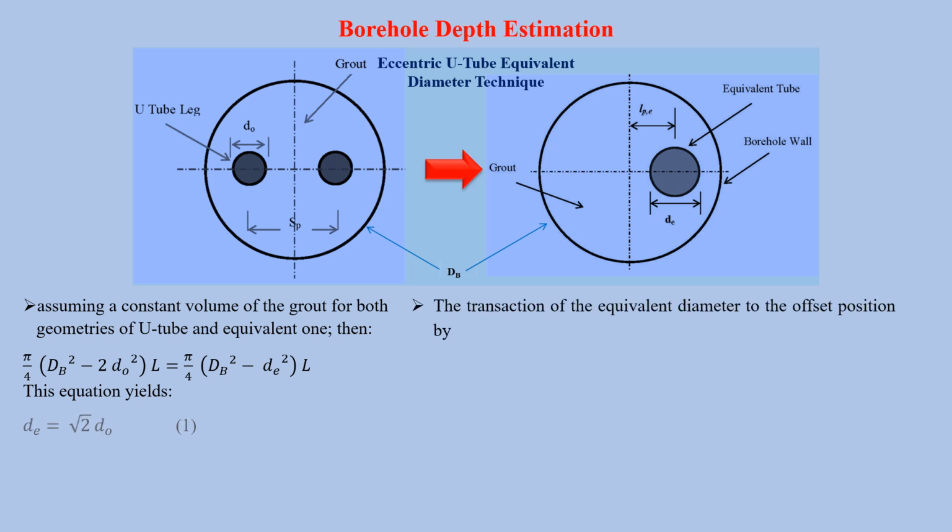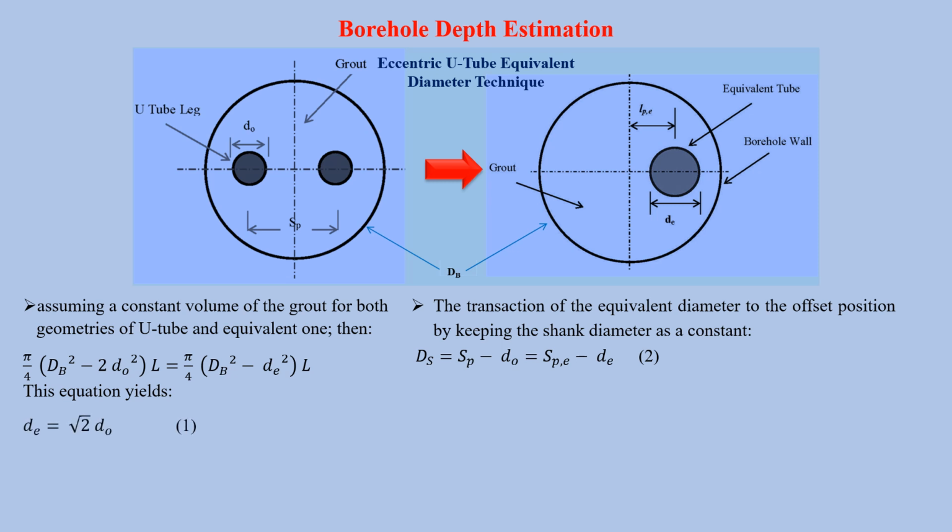And let us transform the equivalent tube to the form which is shown on the right hand side of the above illustration, and keep the shank distance between the original and the equivalent geometries constant.